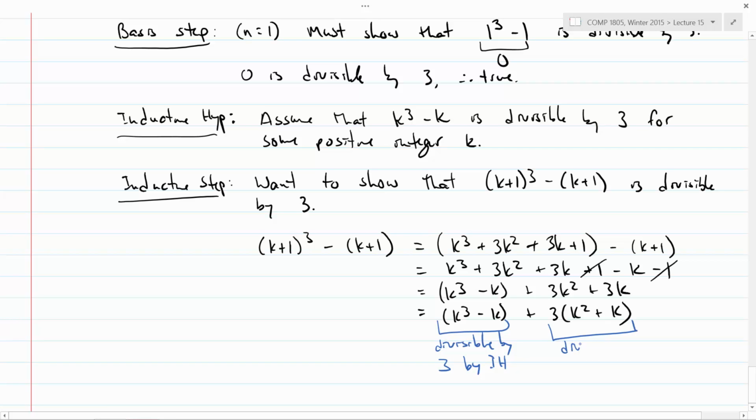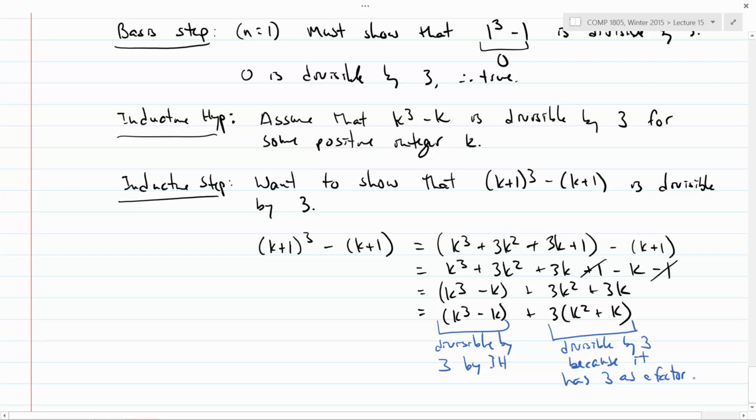This thing here is divisible by 3 because it has 3 as a factor. If I told you, here's a number, 3 times x, is that going to be divisible by 3? The answer is yes, because you divide it by 3, you get back x, assuming x is an integer.